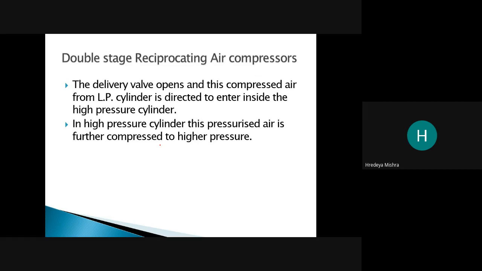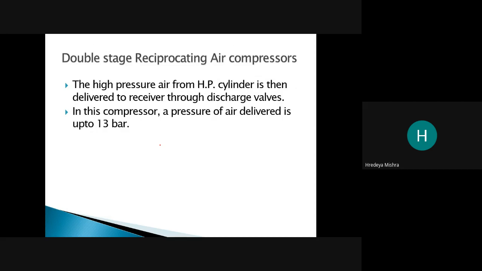Okay, in the high pressure cylinder, this pressurized air is further compressed to get higher pressure. The higher pressure air from the high pressure cylinder is then delivered to the reservoir through the discharge valve. In this compressor, air is delivered at a pressure of up to 13 bar.